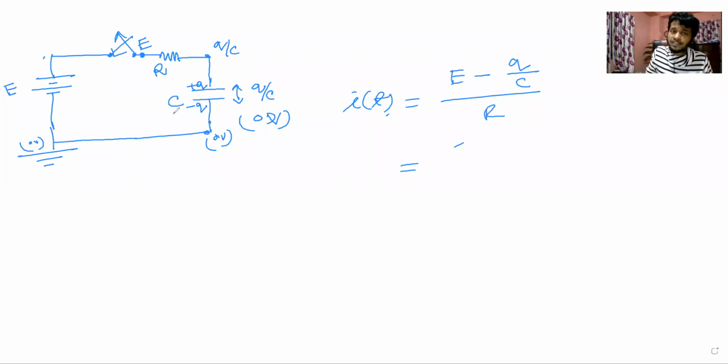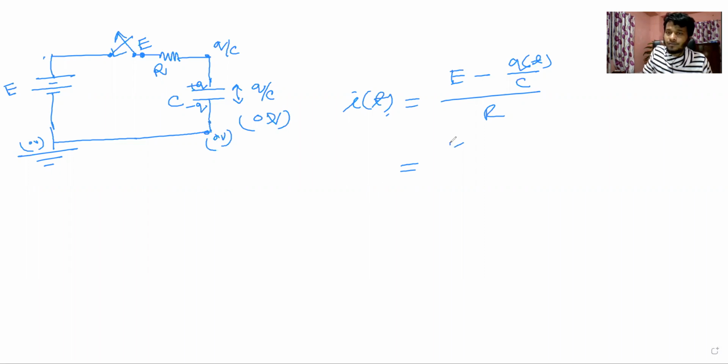Q is the amount of charge on this capacitor at time t. What is Q by C here? Q by C is the voltage across the capacitor at time t. Do not get confused. So we can write Q(t) as a function of t, because this is a changing charge.